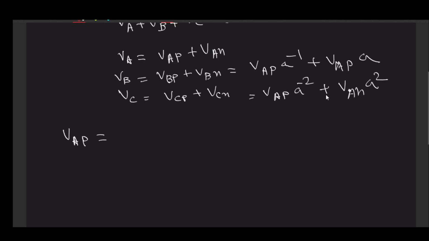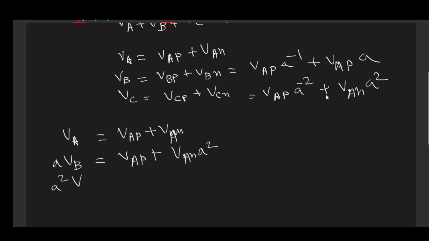What we can write from this, if we add, is VA equals VAP plus VAN, then you can do A into VB, that will result in VAP plus VAN A square, then you can do A square into VC, then it will become again VAP plus VAN A to the power 4.